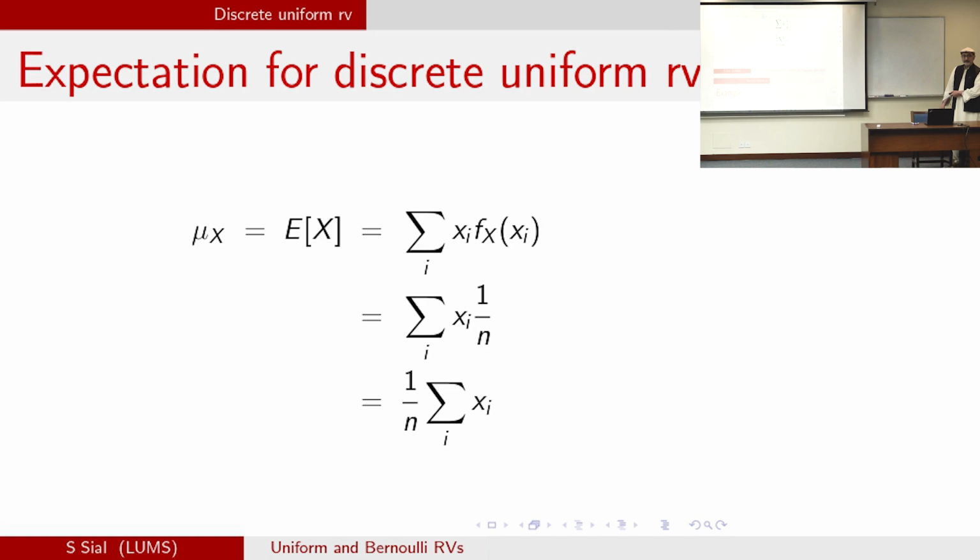All right? Okay, what about for the rolling the fair die example? What do we have? Right. So the sum over i goes from 1 to 6, that's this, and then 1 over 6. Okay, whatever that turns out to be.